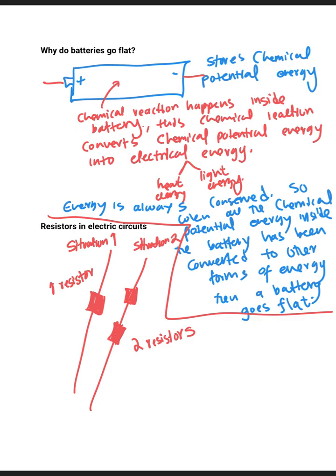We need to understand that these are series resistors, right? We can also have a situation like this one, where we have resistors that are not in series, but are in parallel.